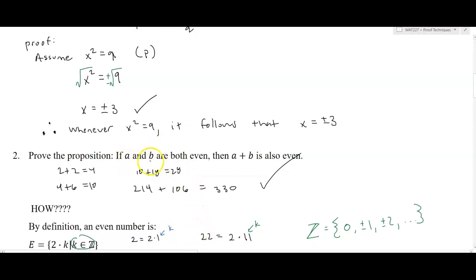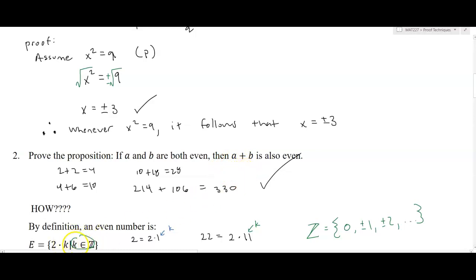So whenever we prove this, we're going to start off with the statement, suppose A and B are both even. And then we're going to say, well, that means A is equal to 2 times k1 for some integer k1, and B is equal to 2 times some integer. And then we're going to take those two now mathematical quantities and combine them and show that their result is still even.